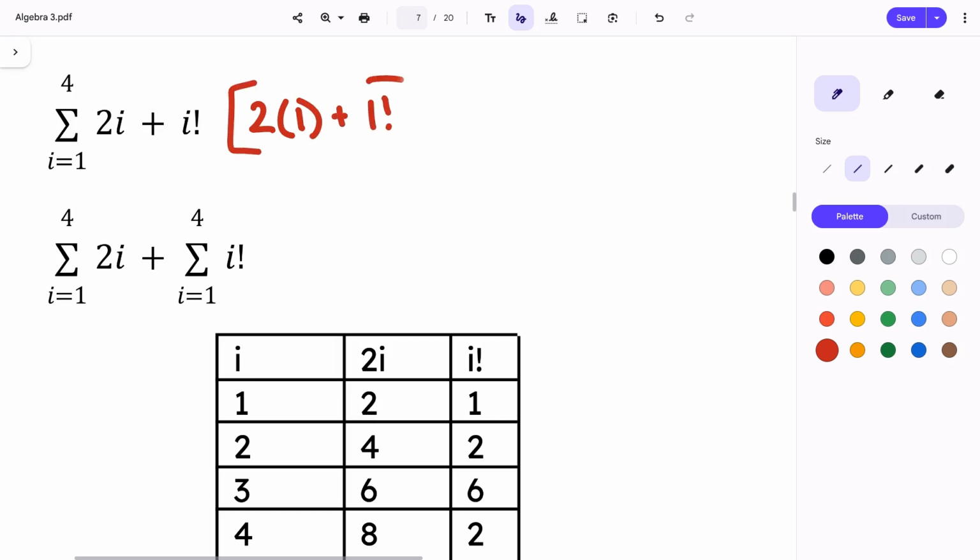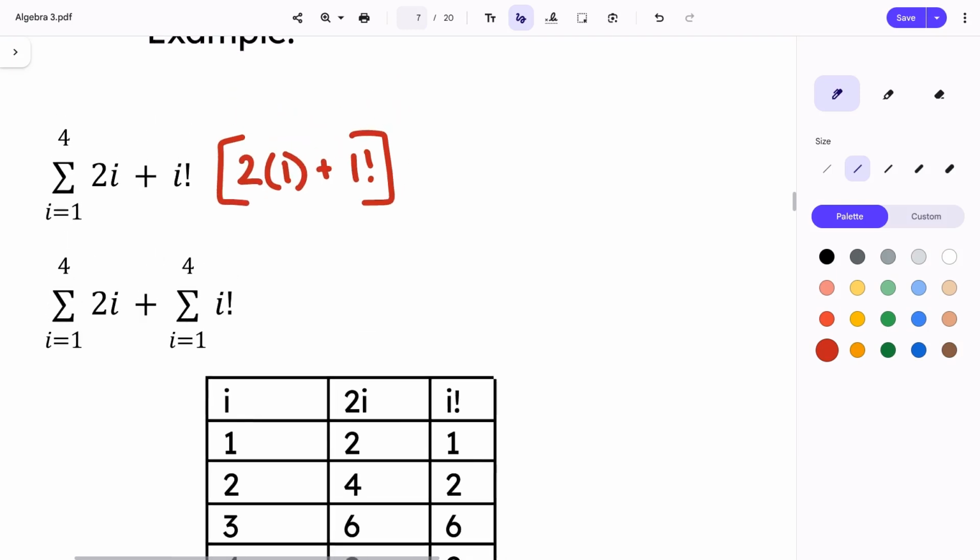We're going to do all of that first. And let's just do these as we go. What would this equal? 2 times 1 plus 1 factorial. 3. Okay, I'm going to go on to the next one now. So plus, now it would be 2 times 2 plus 2 factorial.